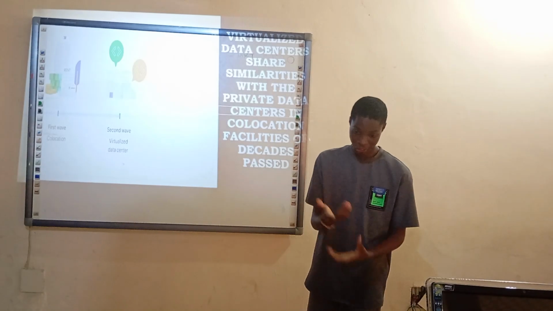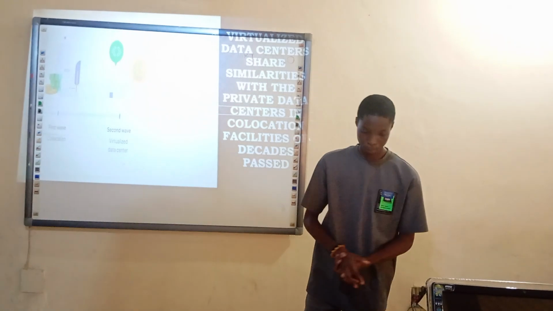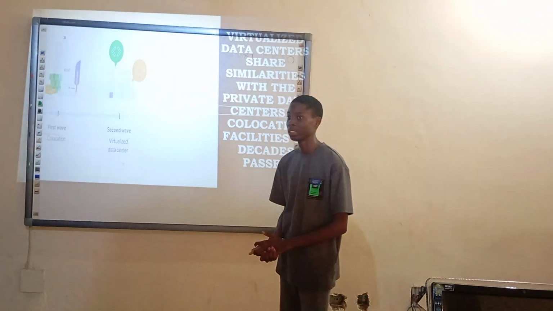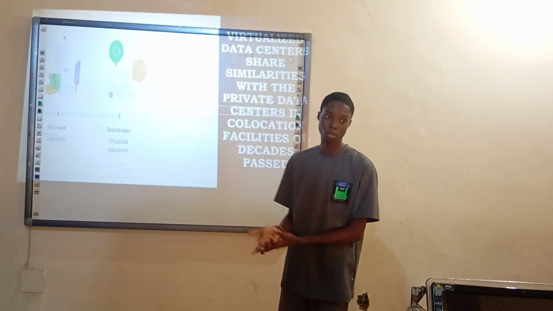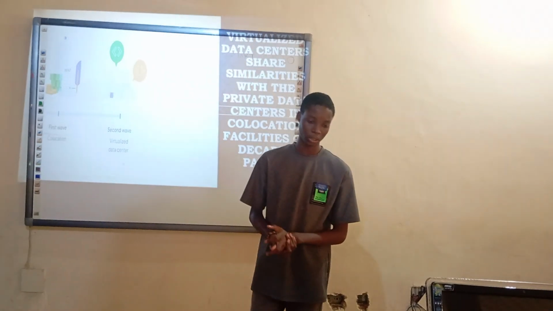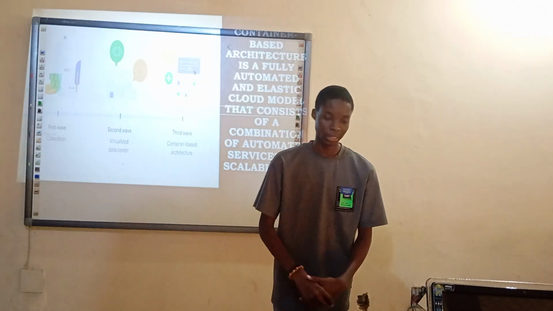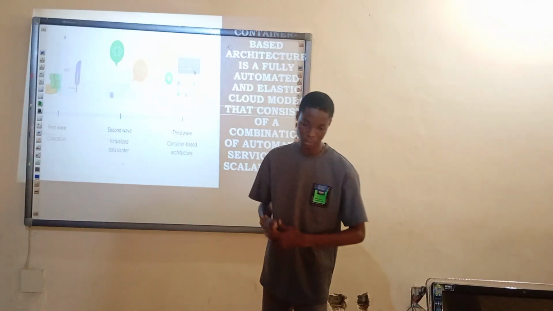Virtualized data centers share similarities with the private data centers in colocation facilities of decades past. The components of virtual centers are similar to the building blocks of hosted computing, like your GPUs, memory, and the rest, but now they are virtualized. Now, Google felt like they were not moving at the pace they wanted with virtual data centers, so they introduced a third way of cloud computing, which is the container-based architecture.